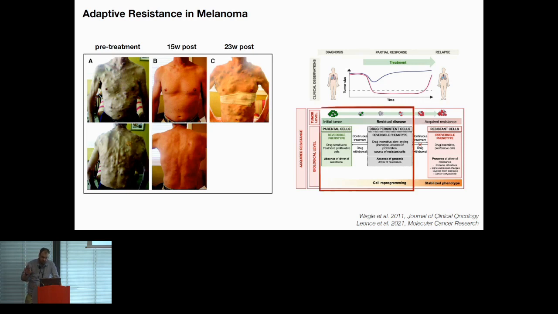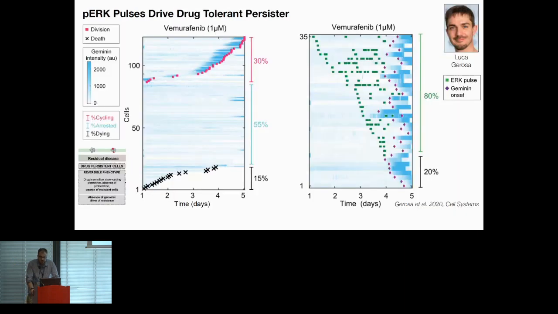So for the purpose of this talk, I'll primarily focus on this initial phase of adaptive resistance, but I'll briefly touch upon the acquired resistance as well. And the experiments that we typically look at are nicely illustrated here. This is wet lab work done by Luca Gerosa, and on the left you see cell cycle re-entries for A375 melanoma cell lines, which were treated with a RAF inhibitor, vemurafenib, for about a day.